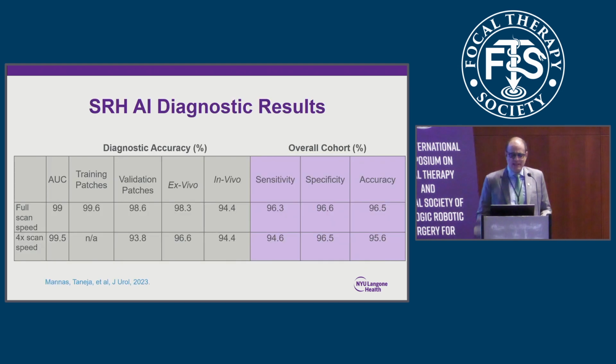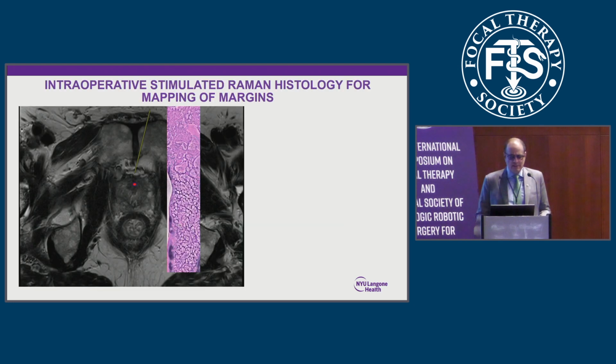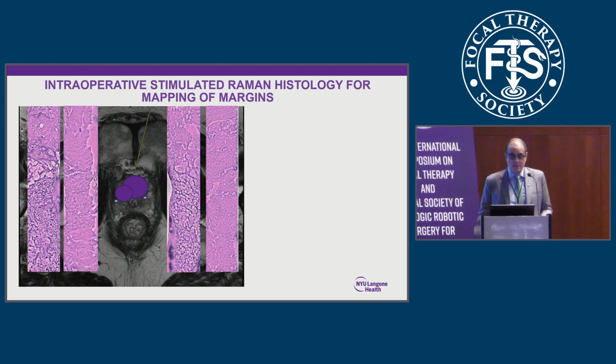We then built an AI platform that could read yes/no cancer in the core with about 90% accuracy, 96% accuracy within 2 minutes. So what we've done most recently is tried to use this intraoperatively. We take a biopsy, we then ablate, we take biopsies along the ablation margin, and if one of them shows cancer, as in this case, we then extend the margin with an additional freezing needle until we're clean.